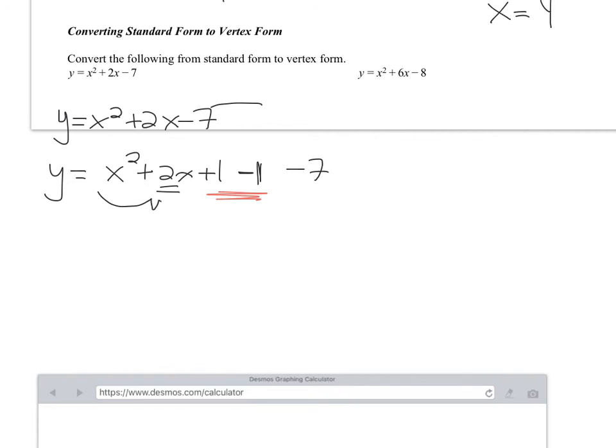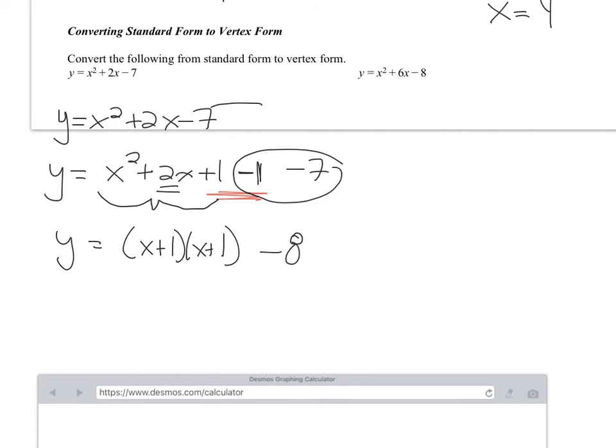Now if I look at these three, these factor as x plus 1, x plus 1. And then these two numbers are just -8. Well, since they're the same, I can write this as x plus 1 squared minus 8.